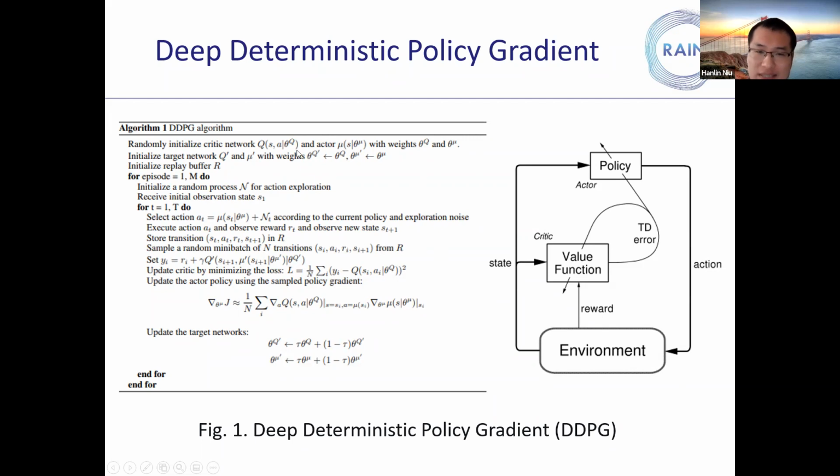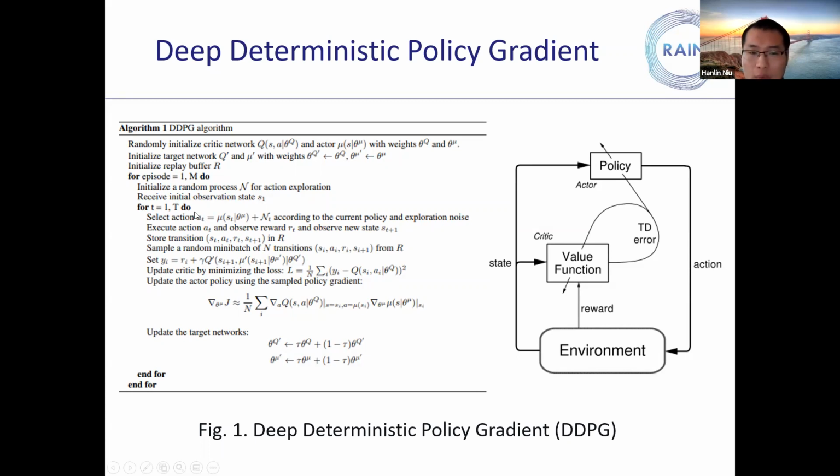On the left side is the pseudocode of the DDPG algorithm. In the beginning, we initialize these four networks and a replay buffer, and then we go into the iteration loop. We initialize a random process for action exploration, because in the beginning the robot knows nothing and needs to explore random actions to find out which action is better.